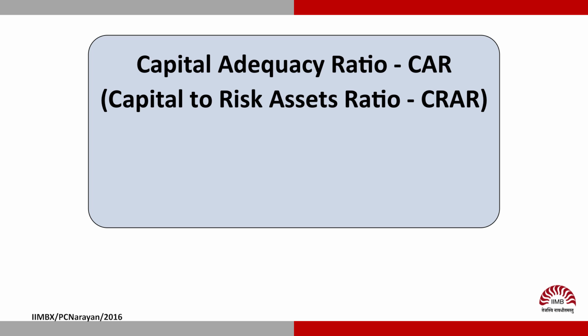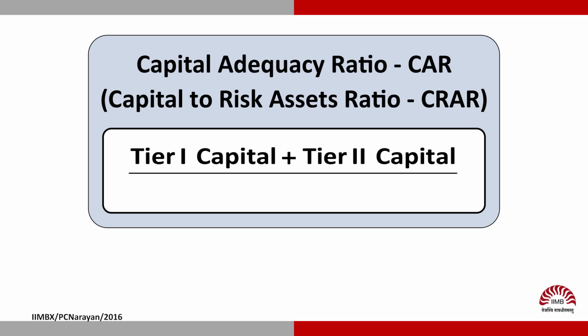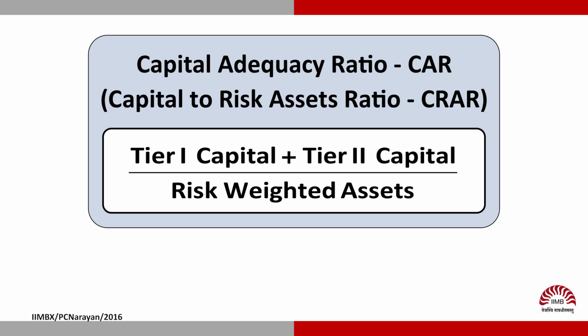And there are several other asset classes which would lie between 0% and 100%. We will look at how to compute risk-weighted assets a little later in this session. So, capital adequacy ratio is Tier 1 capital plus Tier 2 capital divided by the risk-weighted assets.